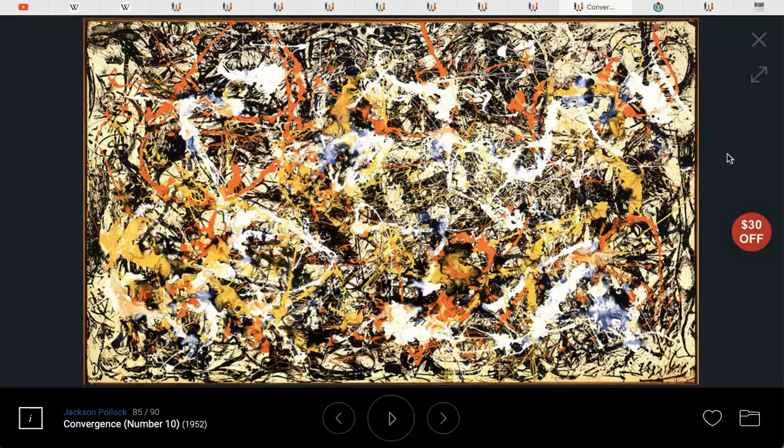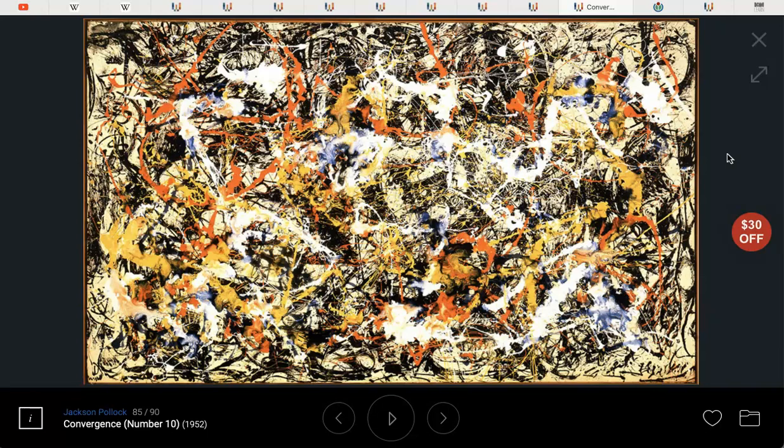What do you think, you guys? Everybody, viewers, listeners, do you think you could do a painting like this? I know I definitely could. All I need is some paint and a canvas and something to drip it around with.